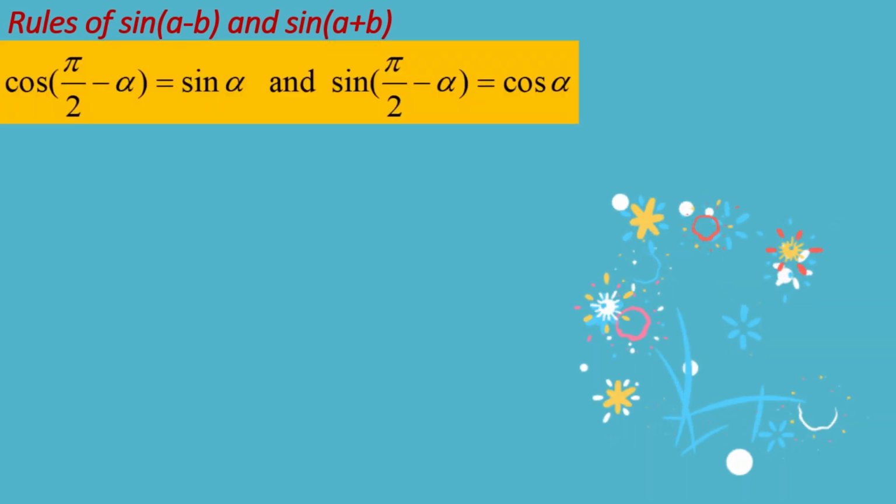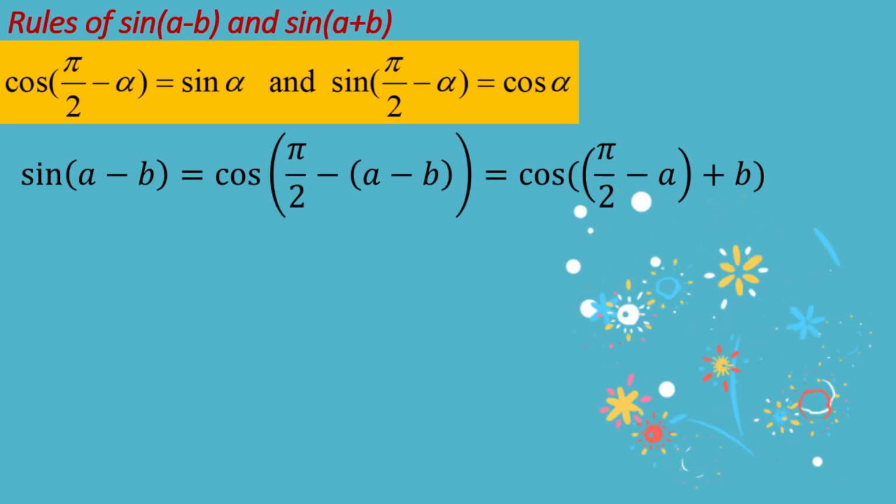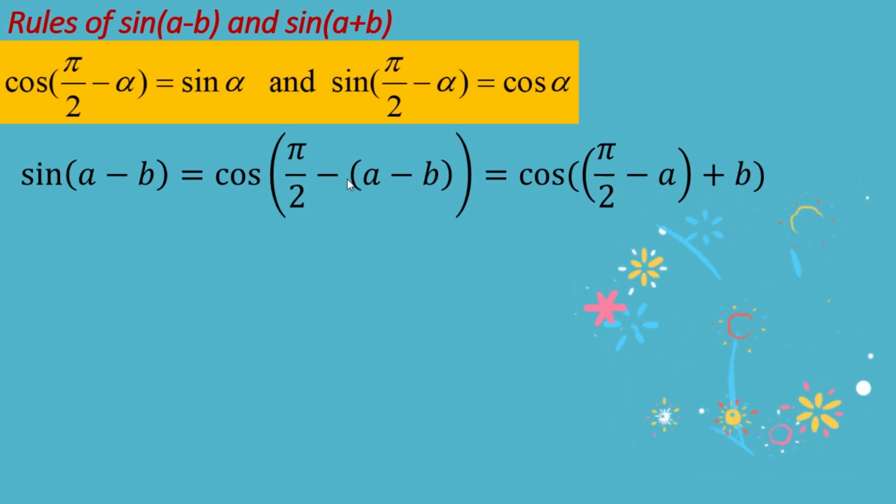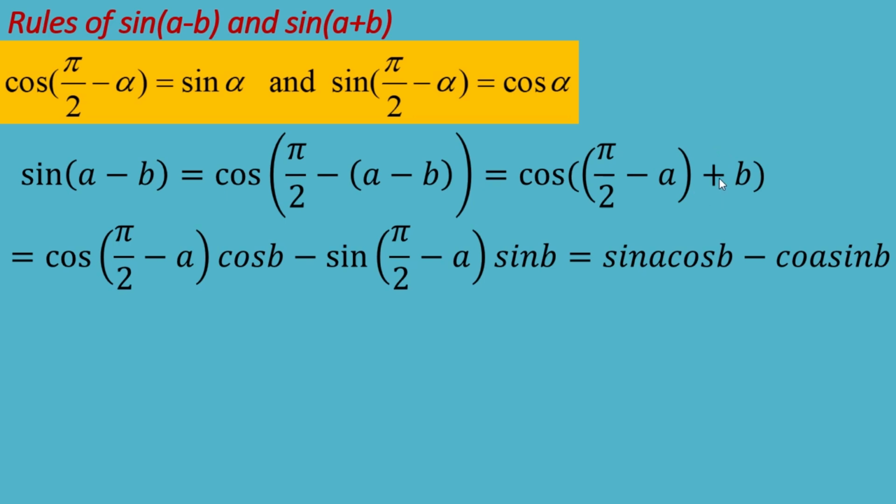Sine A minus B equals cosine of pi by 2 minus A minus B. We know that cosine pi by 2 minus alpha equals sine alpha, or sine alpha equals cosine pi by 2 minus alpha, the same. Pi by 2 minus A minus B, so this is pi by 2 minus A, plus B. Because in cosine we have a plus, here we have minus.